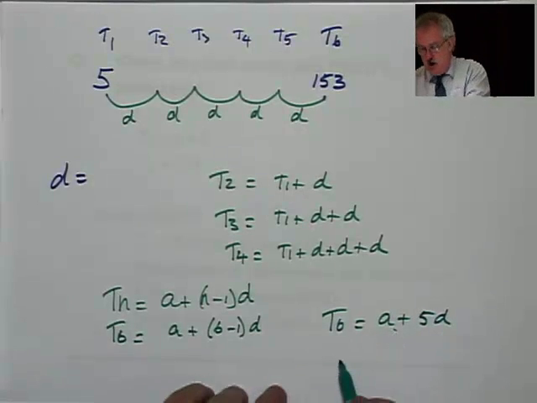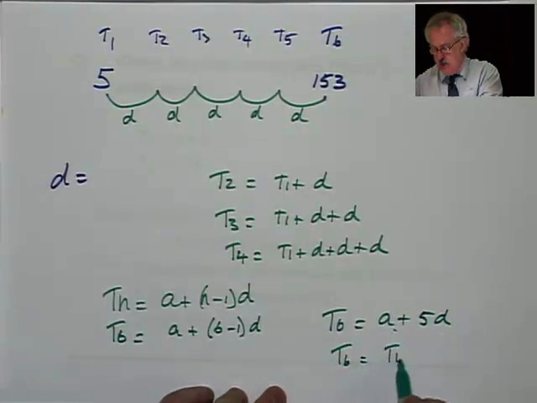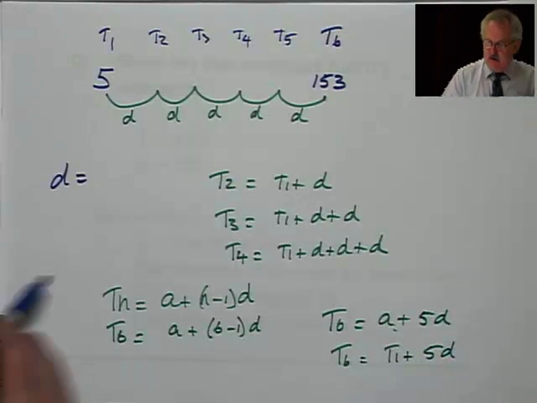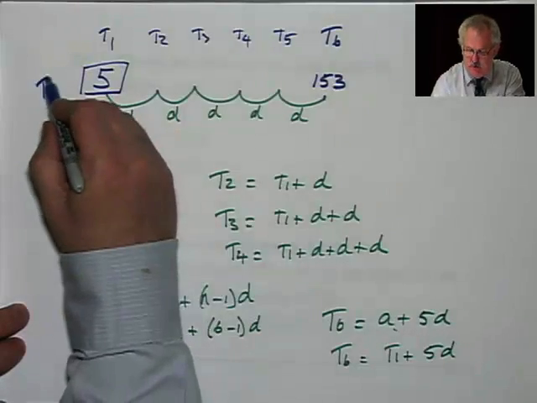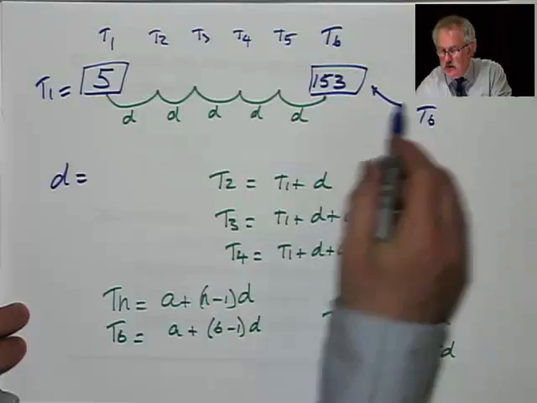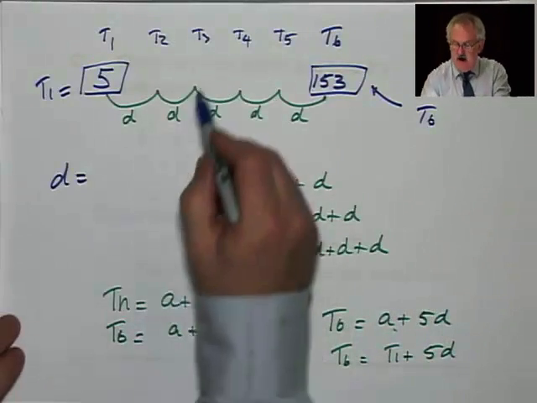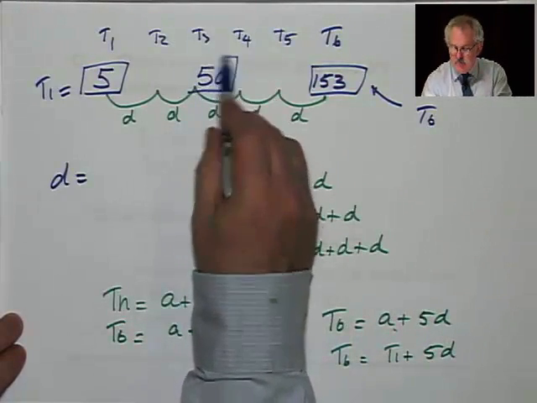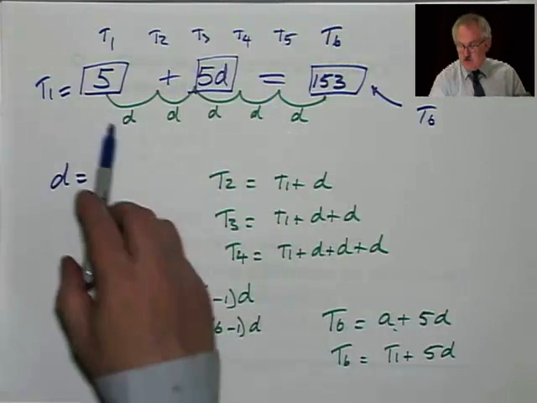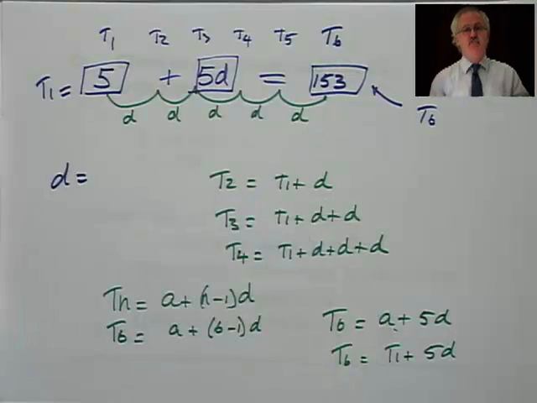But A is T1, so T6 is equal to T1 plus 5D. Really what they're saying is that if this number here is T1, and this is T6, the difference between them is 5D. That plus that equals that, because there's 1, 2, 3, 4, 5. Is that okay?